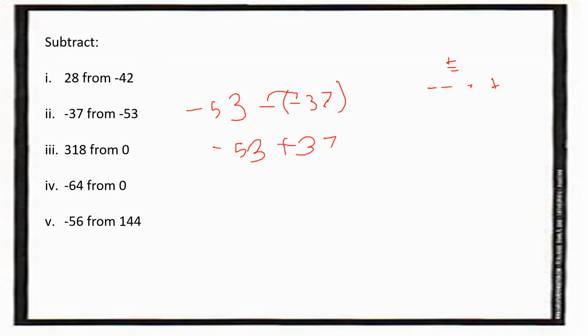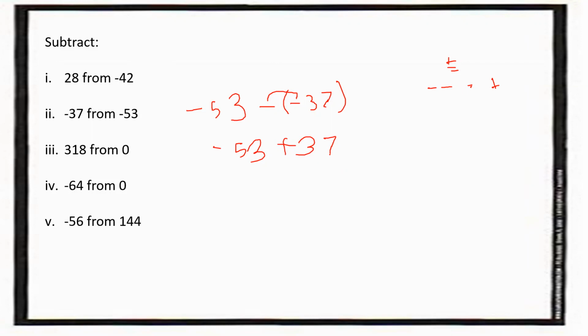So now you have to simply subtract 37 from 53, and then the sign will come of the greater number.